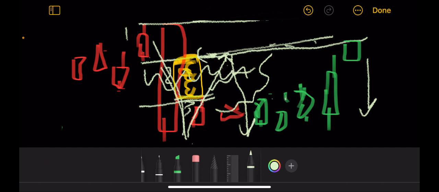And when they test this line, they will get in a position of shorting it or selling it. You know, with options, you'd get in a position of a put. But they're going to wait till it comes up and tests this.